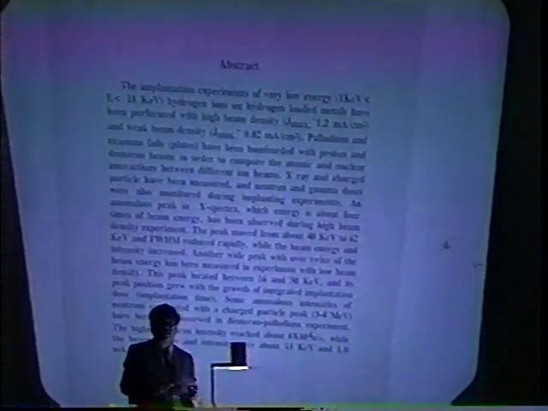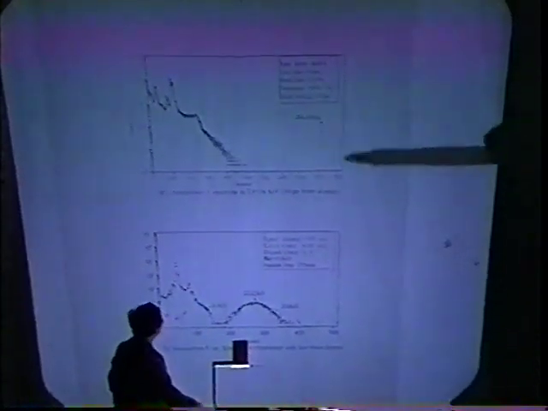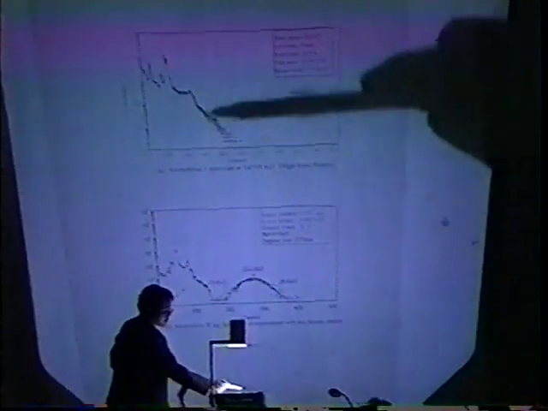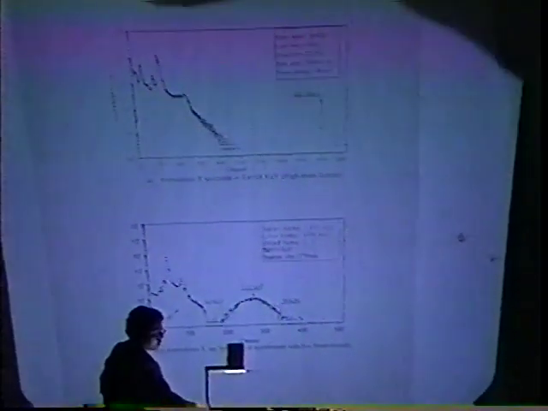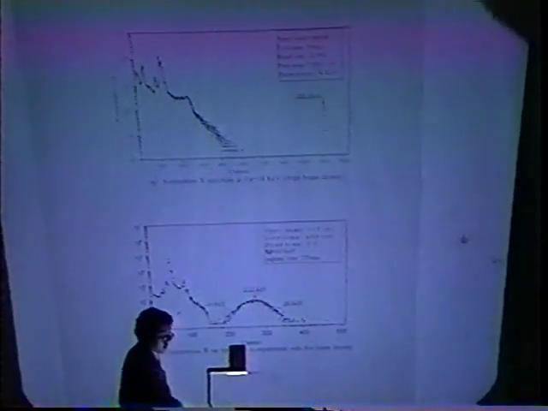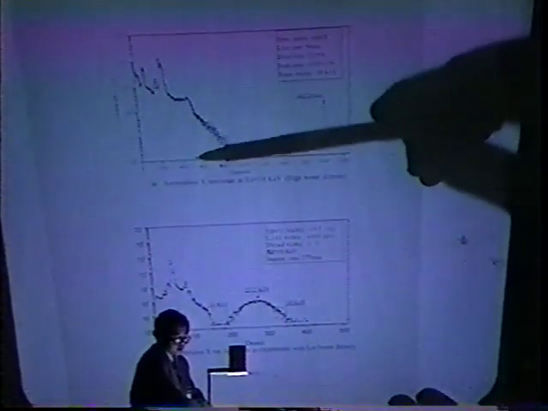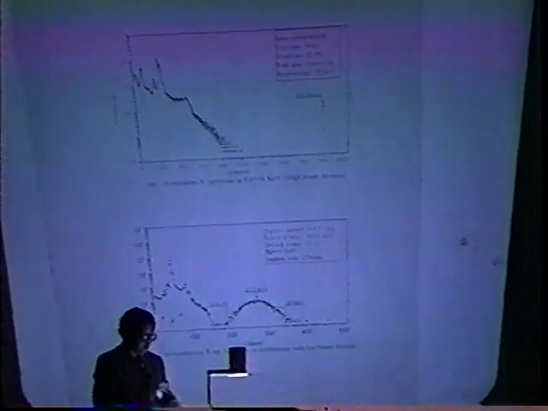Some anomalous X-rays have been measured. This is an anomalous peak in the X-ray spectrum. This is the normal area, generally low energy soft X-rays, and here the energy is about 10 keV.